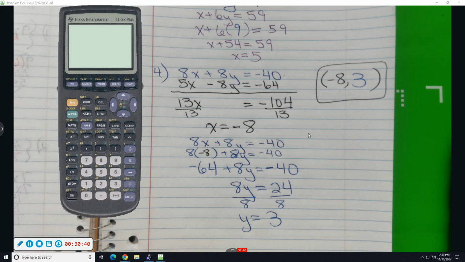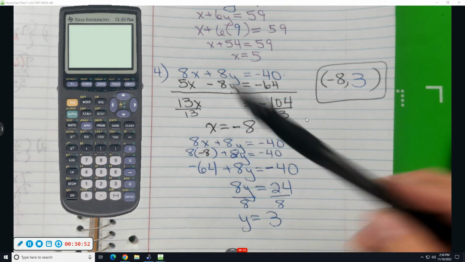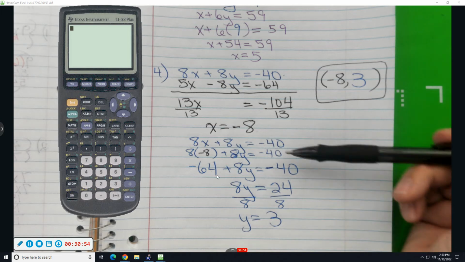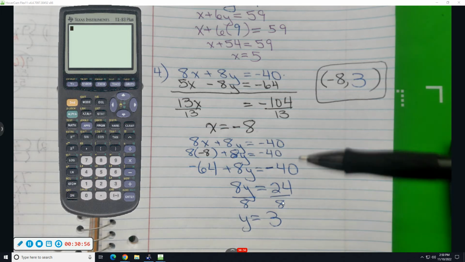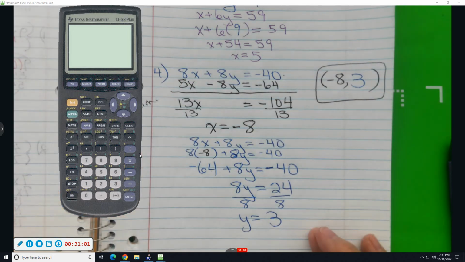Any questions there? Okay. So this part right here was the elimination part. You see this black part right here? That's the elimination part. This part down here is what part? Right here we were using elimination. That's how we found x.